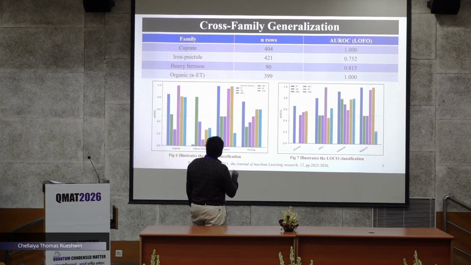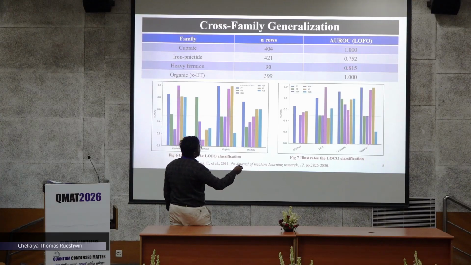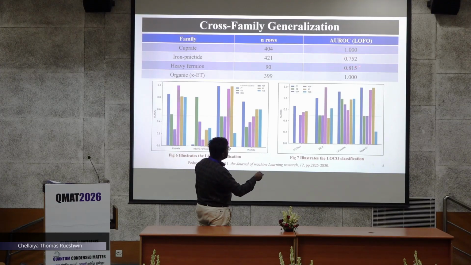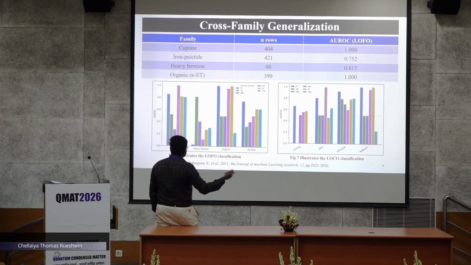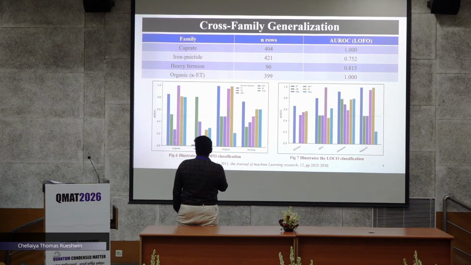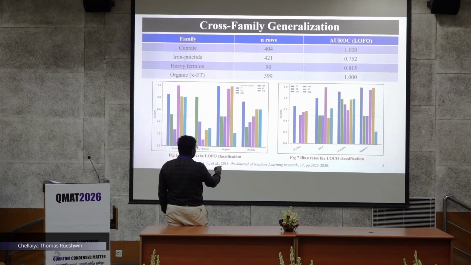Here I am mentioning LOFO. When we leave out the cuprates and test, we get 1, 0.7 and 0.8. Mostly, from this model in the ORAC for different materials, cuprates were predicted somewhat decently, organics also, and pnictides were somewhat good, but heavy fermions are very low.